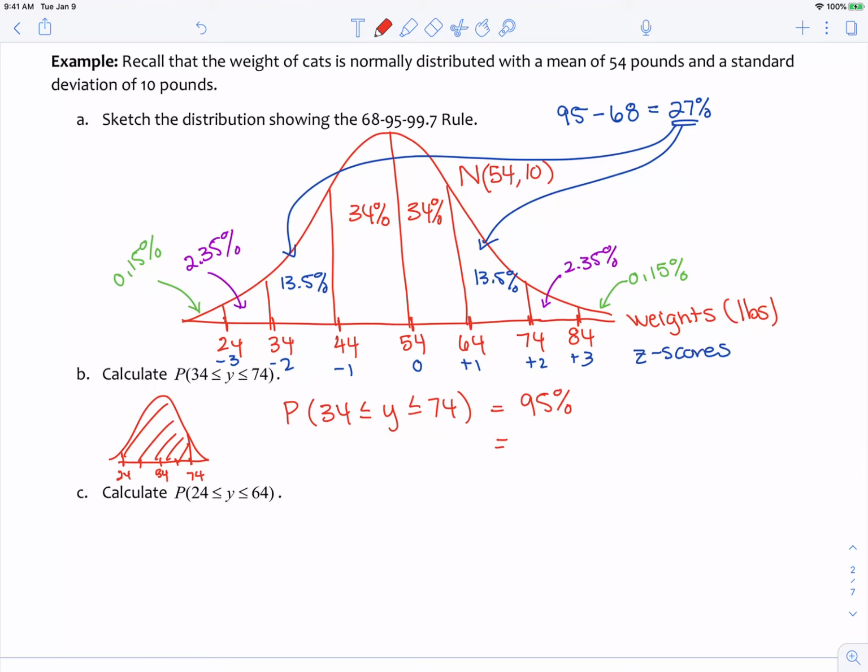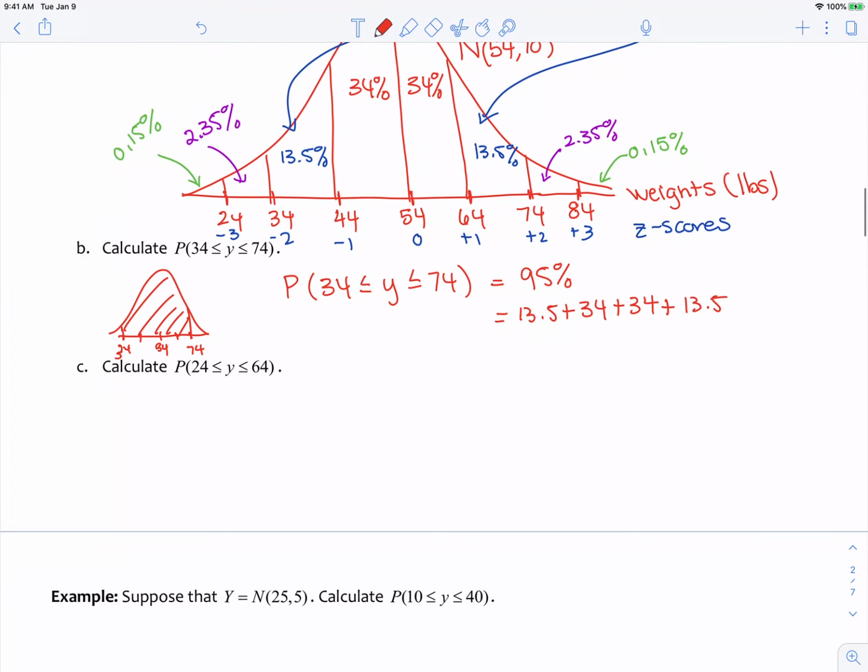So from 34 to 44, that's going to be 13.5%, plus 44 to 54, there's 34%. From 54 to 64 is another 34%, and then another 13.5% from 64 to 74. So that sum will also give us the 95% that we can also recognize just from the definition.